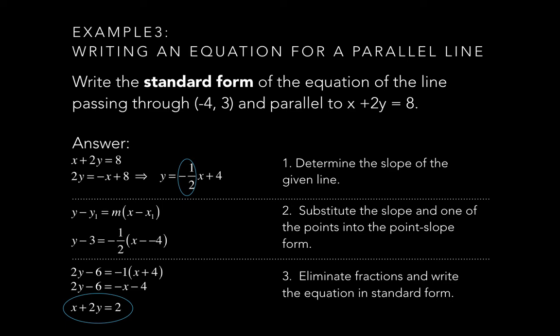That would be by adding x to each side and then adding 6 to each side so that that constant value would be 2. You'll have just one x and two y's.